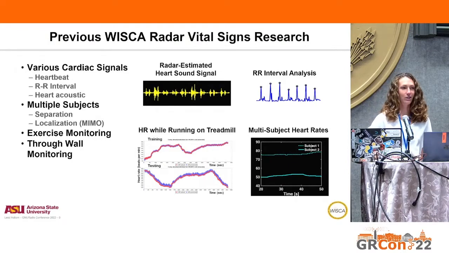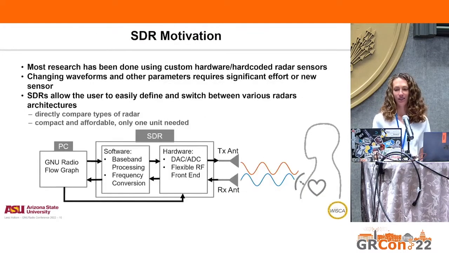But there are some difficulties that we've come up to, which kind of brings us to our project here today. So most of the research that has been done in this area, as I've kind of hinted at before, has been done on custom hardware, hard-coded radar sensors that are built to transmit one type of waveform in a limited frequency range, or with very tight control over things like pulse repetition intervals and bandwidth and things like that.